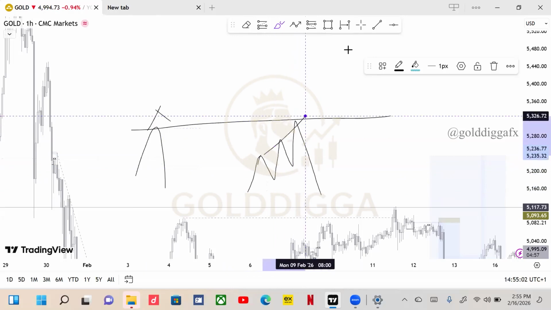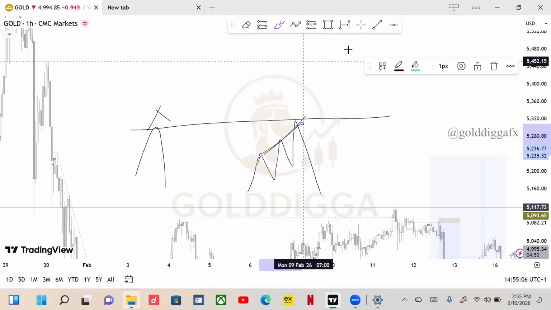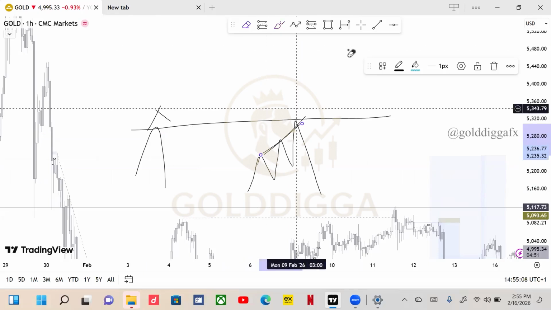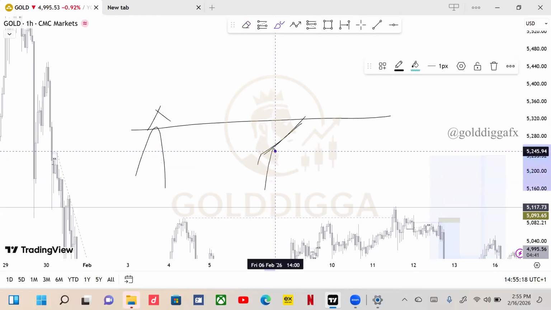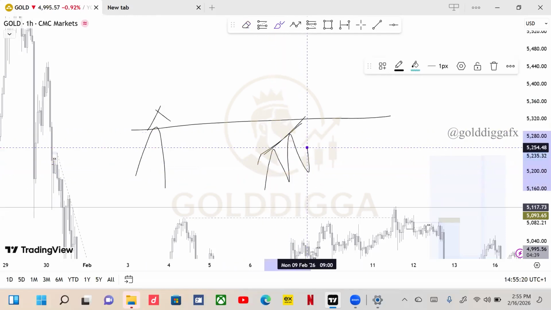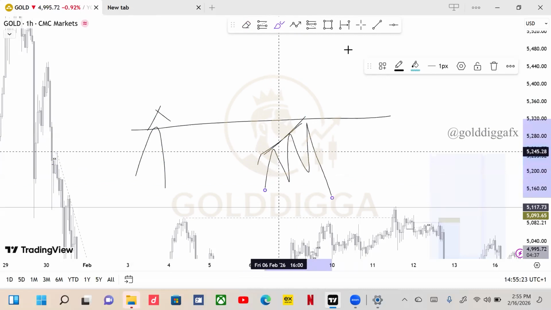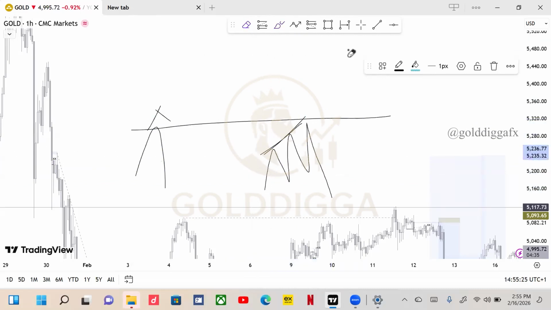So this is what you'll be expecting from the third touch.